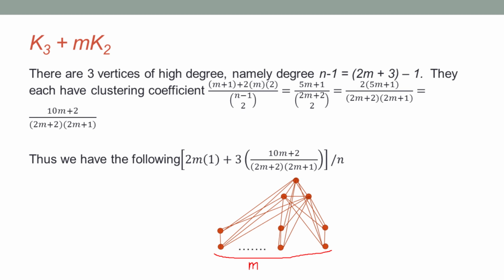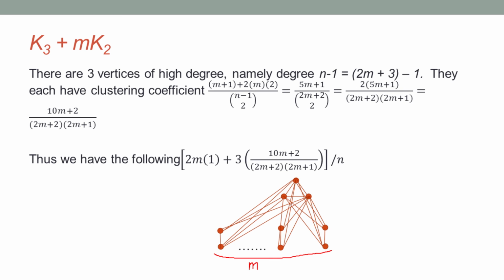There are m plus 1 edges if you count the m edges below and the 1 in the triangle. Plus, now we have to count the edges running from the triangle to below. Each vertex is of degree 2m, and there are 2 of them in the induced neighborhood. This gives us, doing the arithmetic, 5m plus 1 in the top.